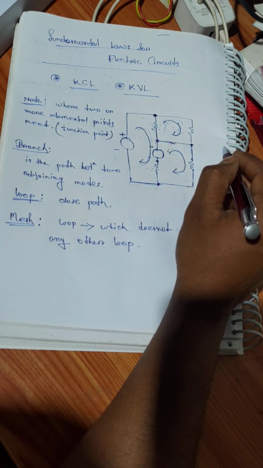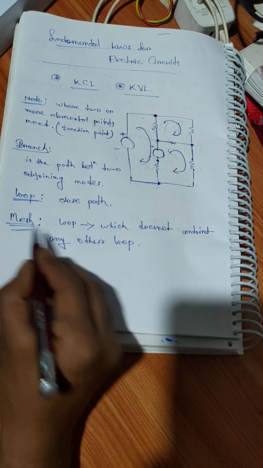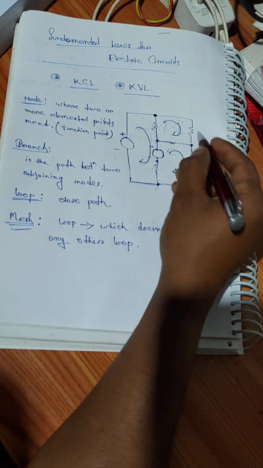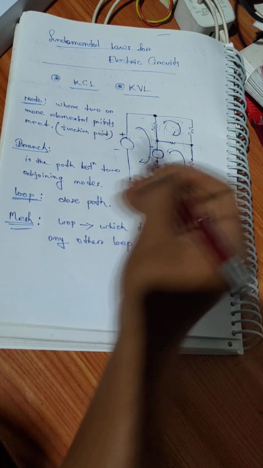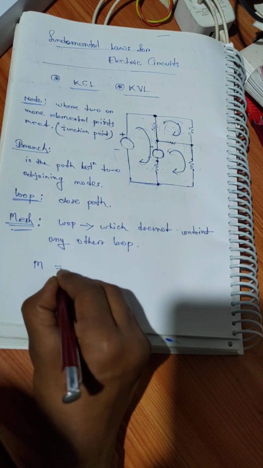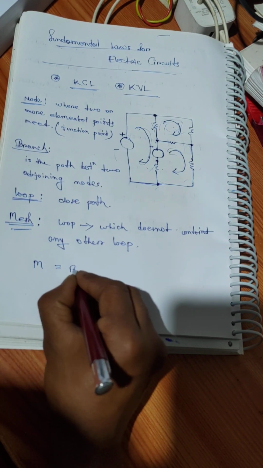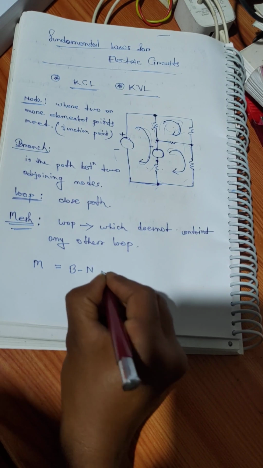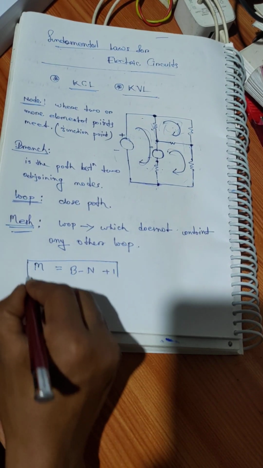Now there is one formula to calculate the number of meshes present in a circuit. If we denote mesh with m, then m is equal to b minus n plus 1. We'll understand this one also.